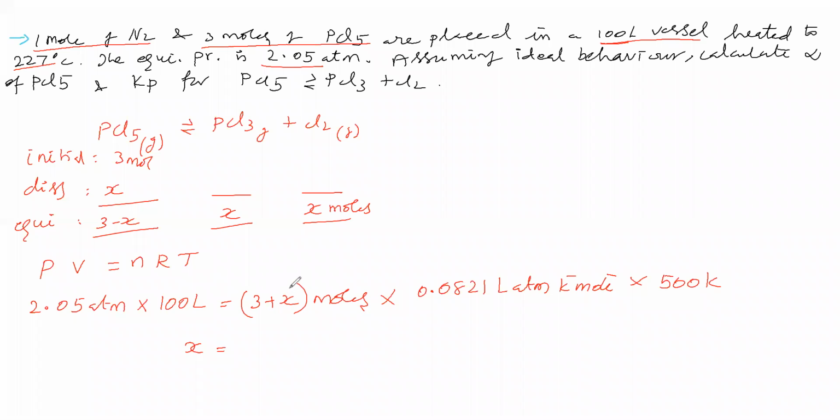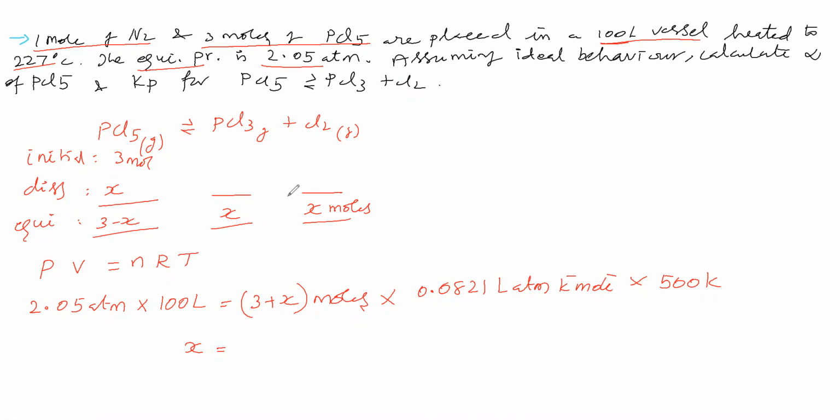And the pressure we have substituted is 2.05 atmosphere, the equilibrium pressure. At equilibrium, PCl5 is 3 minus x moles, PCl3 x moles, Cl2 x moles.